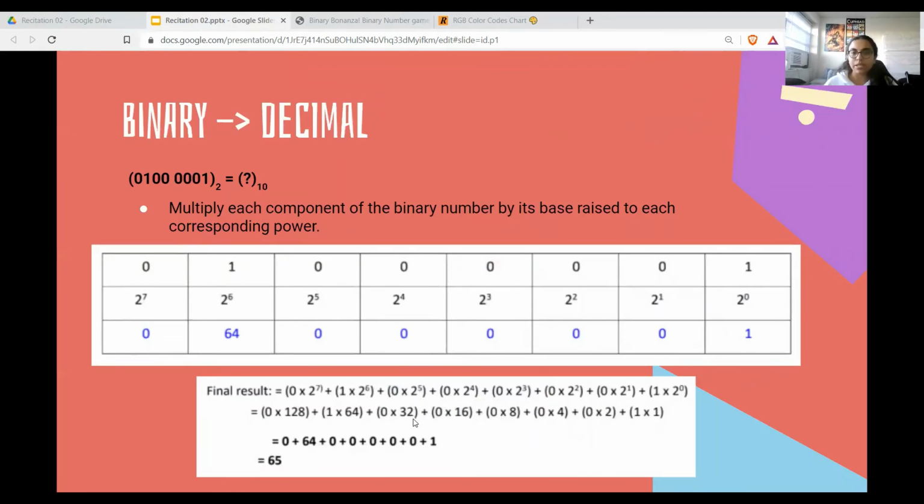Then we see binary to decimal. In this, the base over here is 2. So we will look at the rightmost bit and it will be read as base 2 raised to the power 0. Then moving to the next bit, we will have base 2 raised to the power 1. So on and so forth, we will do the multiplications and we will add them to get the decimal.